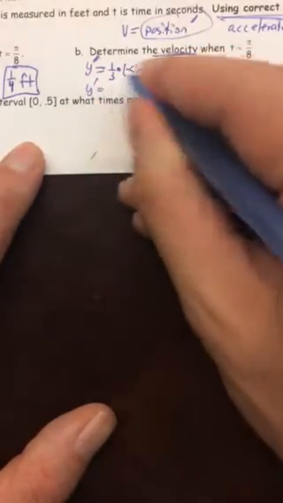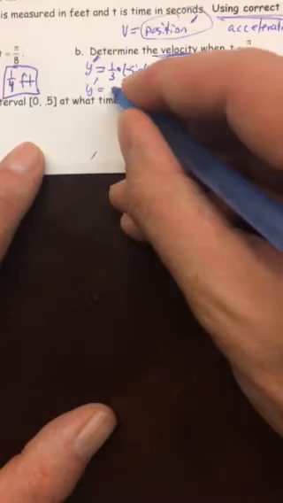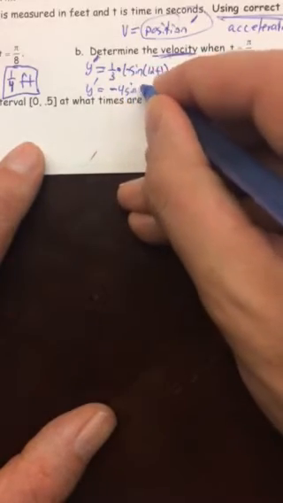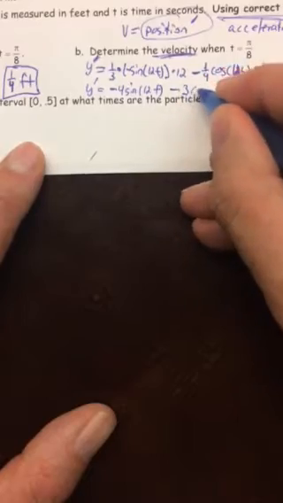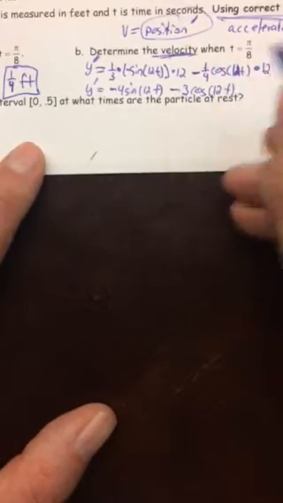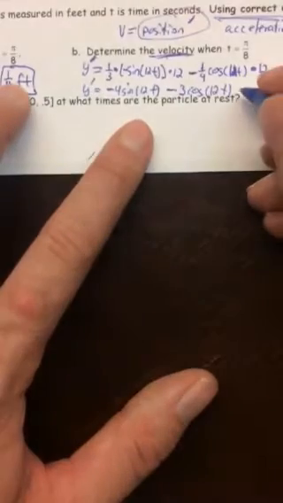And this can simplify. We can multiply the 12 times this, multiply by the negative, and get negative 4 sine of 12t minus 3 cosine of 12t, and we're going to plug in pi over 8.